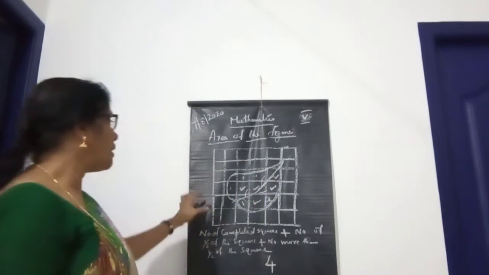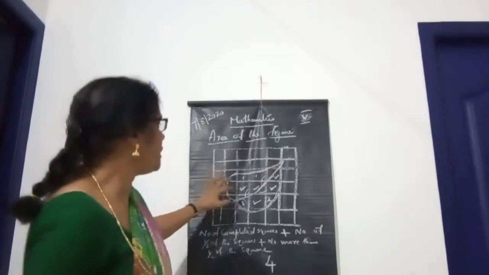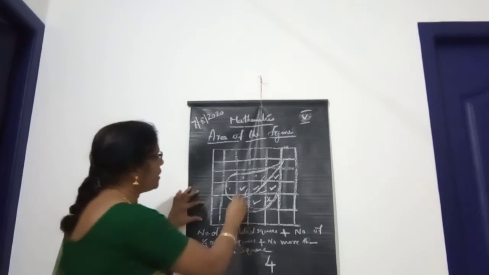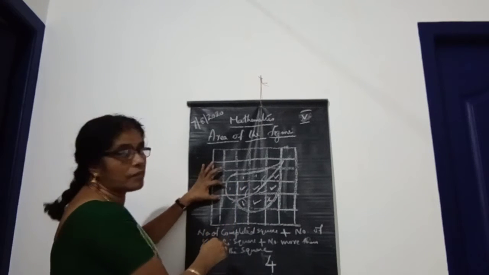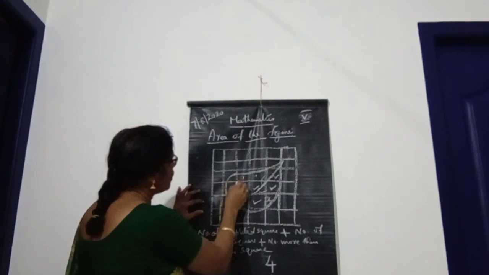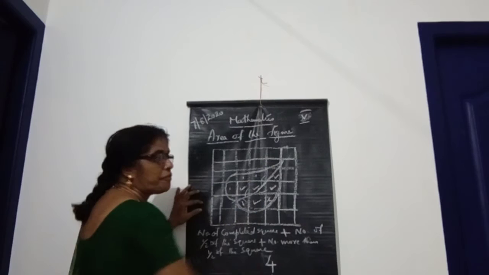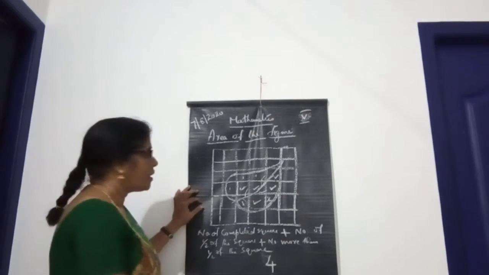Okay, look at this figure, children. This square is not completed, because there is some space here, so it is covered only up to here. So this one means 3/4. First we count how many completed squares.